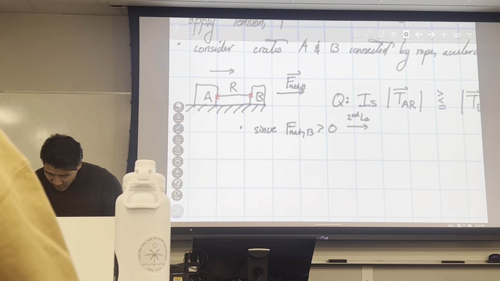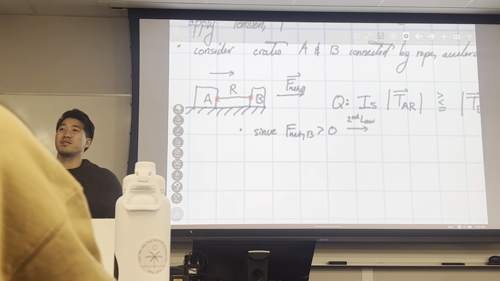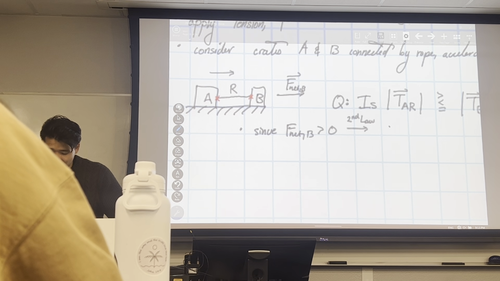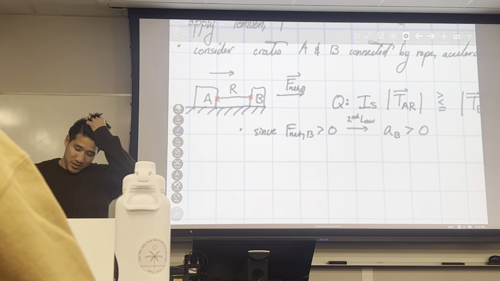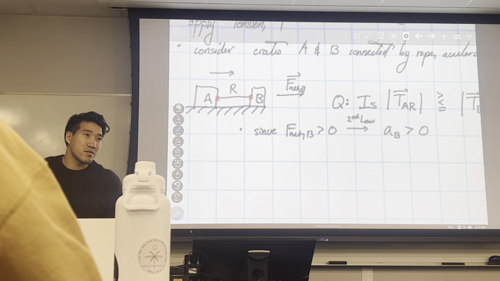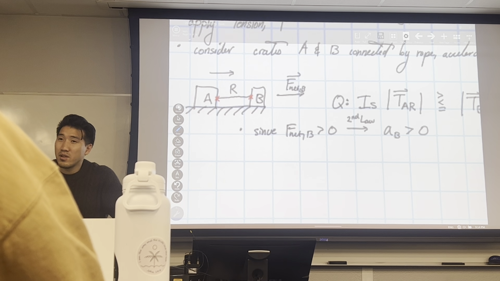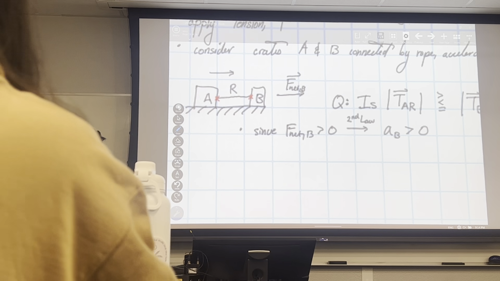If the net force on B is greater than 0, what does Newton's second law tell us? It's accelerating. Yeah, acceleration of object B has to be greater than 0. Right, Newton's second law is F equals ma. So if the force is greater than 0, then the acceleration has to be greater than 0 as well.